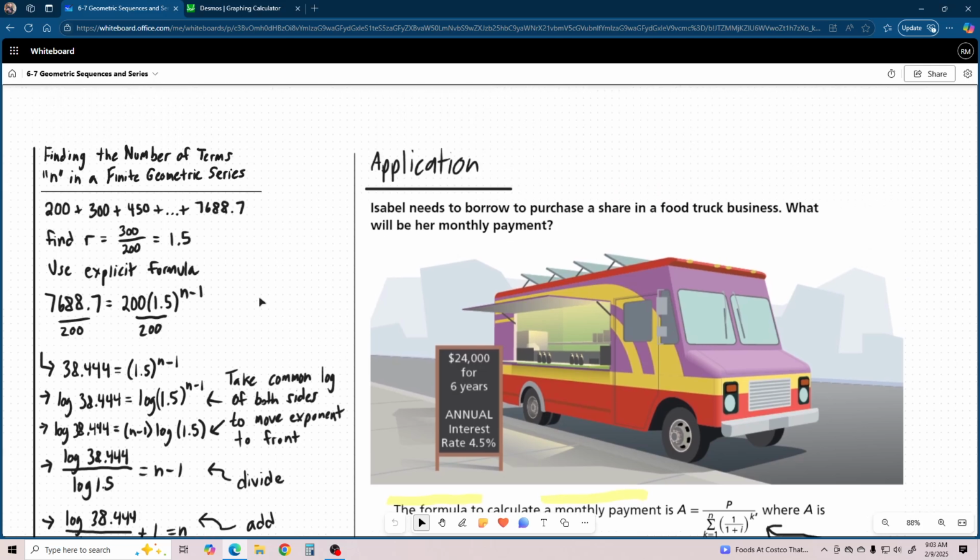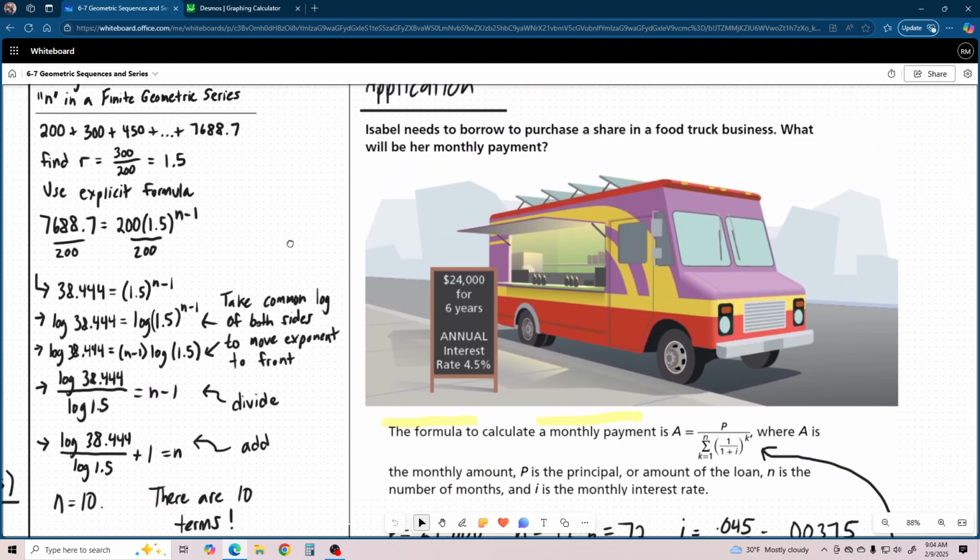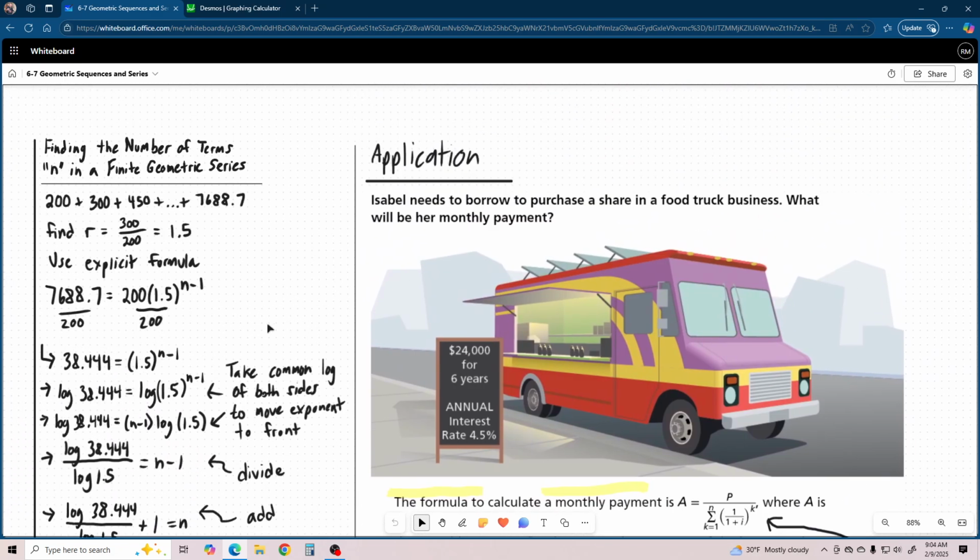And in fact, if you wanted to brute force this, if you said, I will not do logs or any of this math, what you could do is, well, we know our common ratio is 1.5. You could take 450 and multiply that by 1.5, and then take that number and multiply it by 1.5, and keep doing that all the way up until you get 7,688.7.